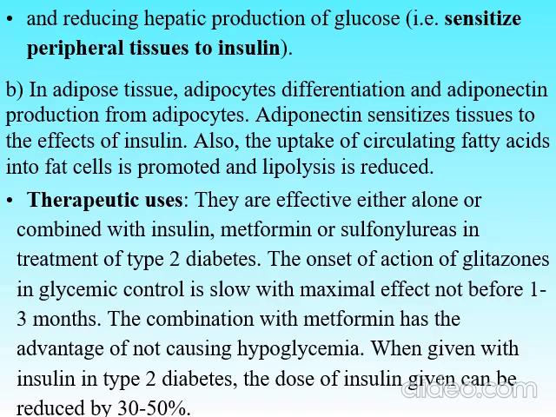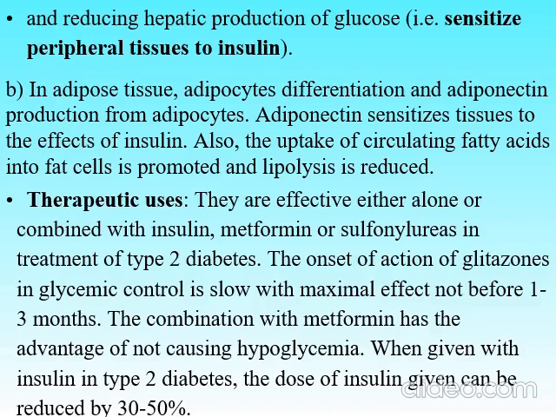Therapeutic uses of the insulin sensitizers: they are effective either alone or combined with insulin, metformin, or sulfonylurea in treatment of type 2 diabetes. The onset of action of glitazones or thiazolidinediones in glycemic control is slow, with maximal effect not before 1 to 3 months.